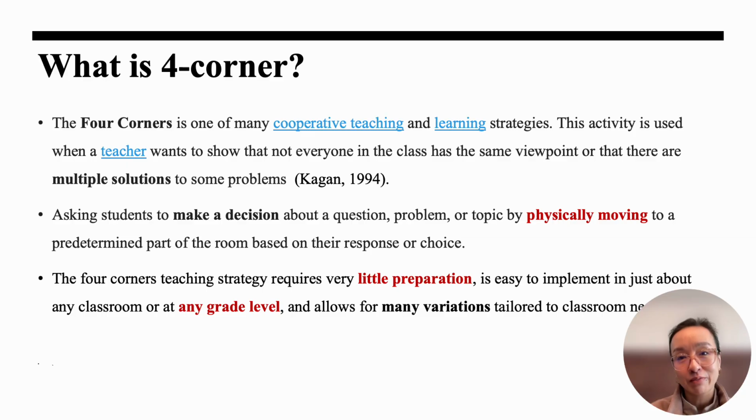As the study described, this strategy requires very little preparation, is easy to implement in many classrooms, and can be adapted across grade levels. In other words, the structure is stable, but the teacher can adjust the question, response options, and discussion expectations to match the learner's level and the lesson's objective.